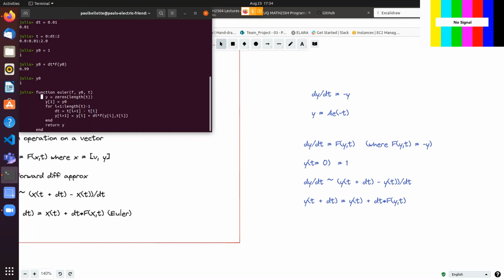You pre-populate y with zeros to the length of t, and the first value of y is going to be y0. Then you want to step through it. It depends on how you want to deal with the indices, but I'm going to go from 1 to the length of t minus 1.